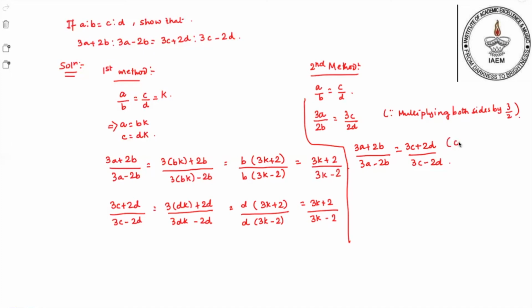But here we have to write componendo and dividendo. If p equals 4xy by x plus y, find (p plus 2x) by (p minus 2x) plus (p plus 2y) by (p minus 2y).